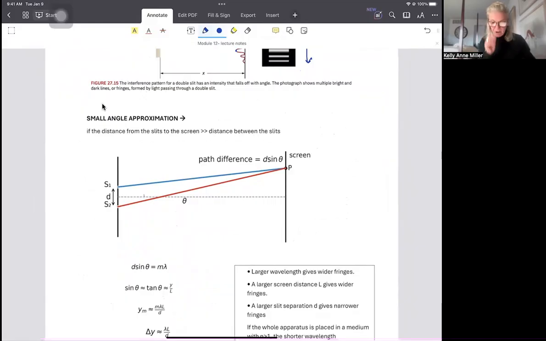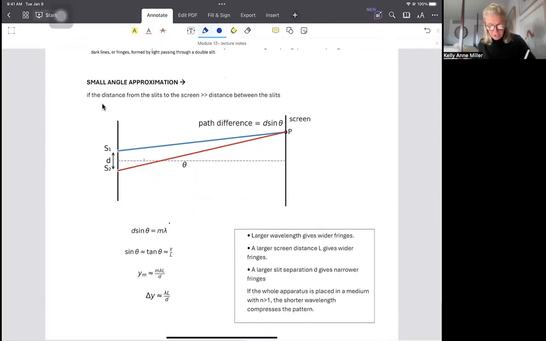Let's simplify the diagram that I just showed you. This is the relationship that I just introduced, where constructive interference, a bright band, appears when you have two slits that are a distance d apart.